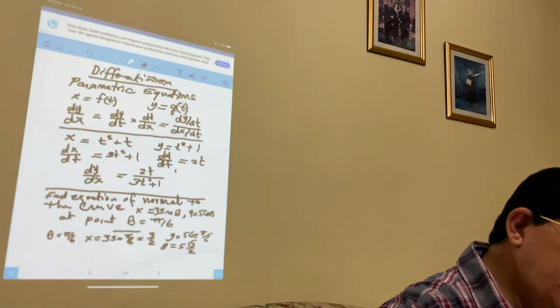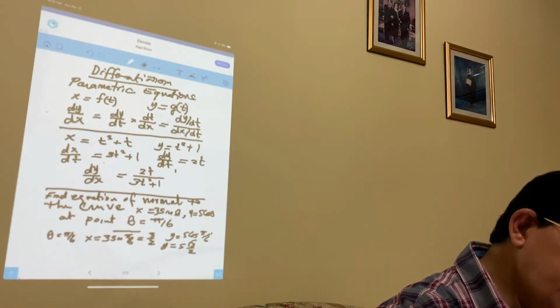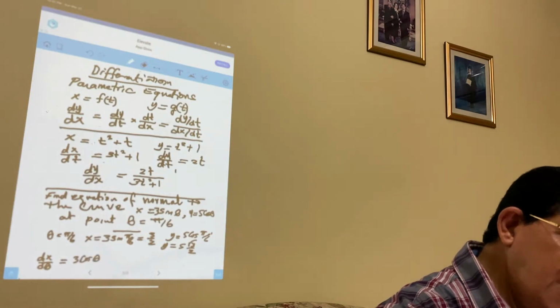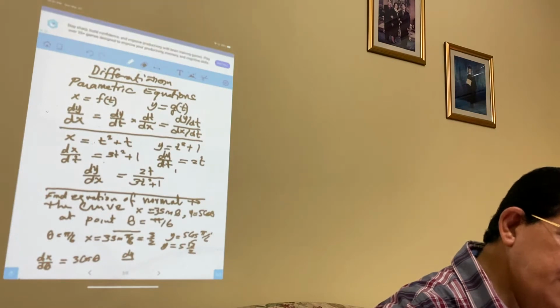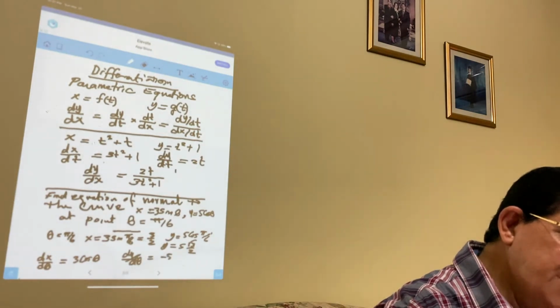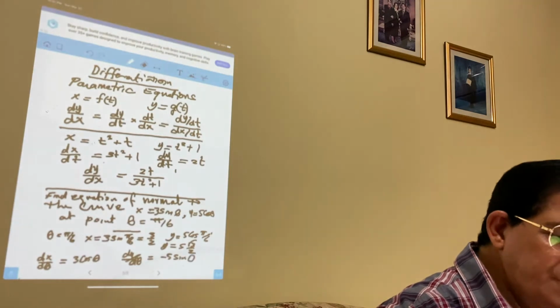Now we want to get the differentiation. What is dx by d theta? It equals 3 cosine theta. And what is dy by d theta? Dy by d theta equals negative 5 sine theta.